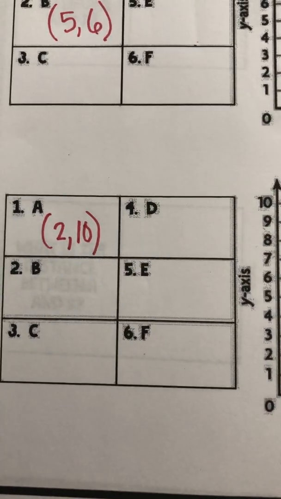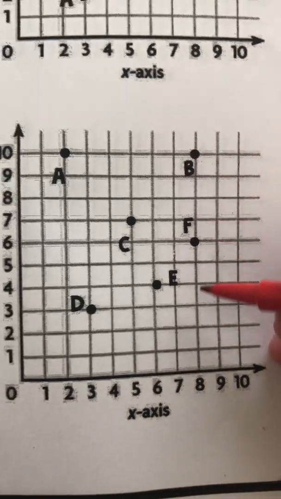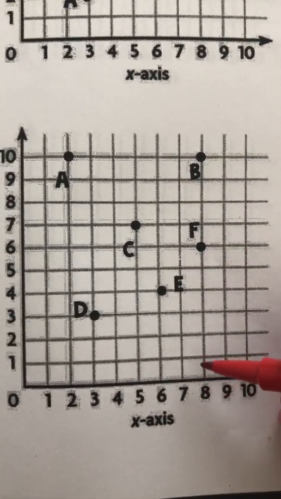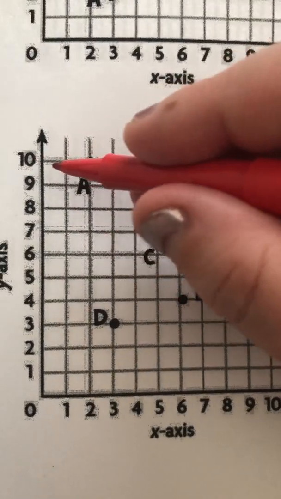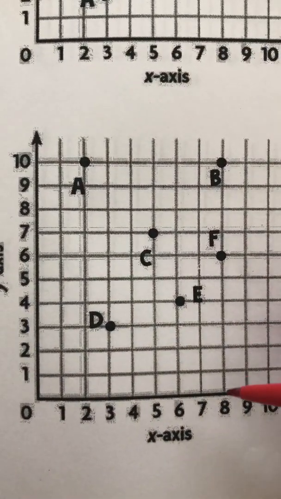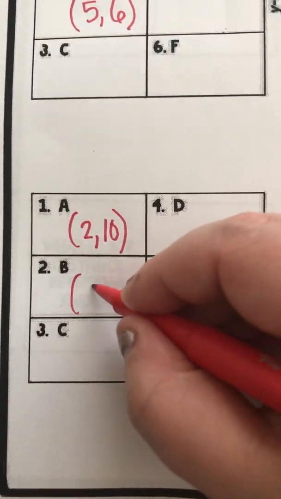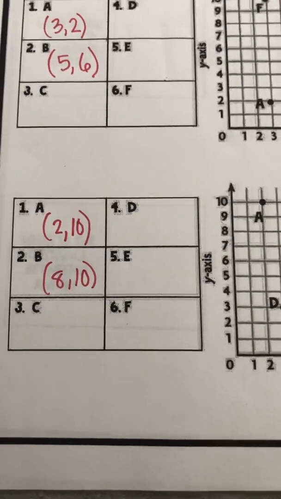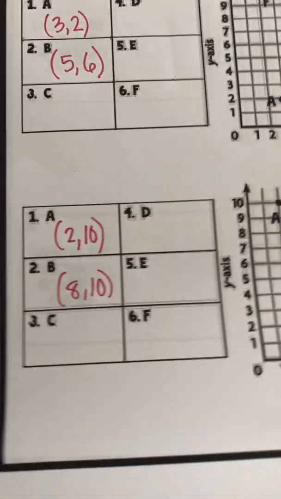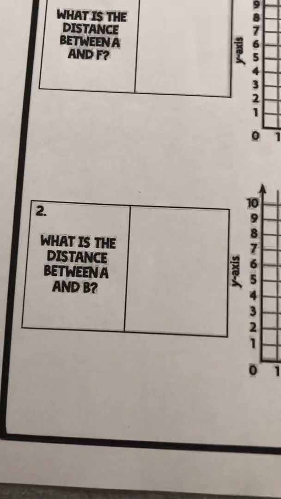X first, then Y. Okay, B. X is 8. Y is 10. So (8, 10). All right, your turn again. You're going to finish those last ones, practicing finding your numbers.